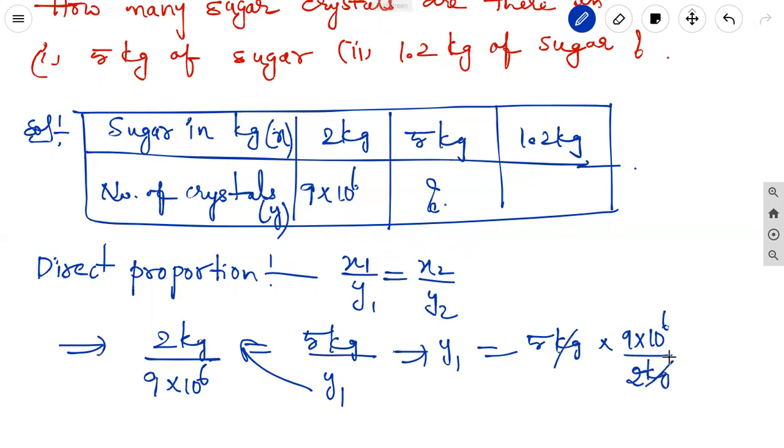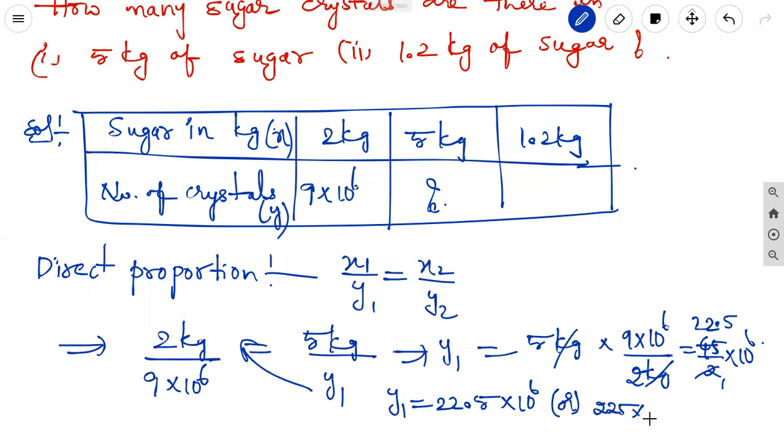Kgs cancel. Here, 9 5s are 45 by 2 into 10 power 6. 2 2s are 4, 2 2s are 0.5. So y1 equal to 22.5 into 10 power 6 or 225 into 10 power 5 crystals. Or we can write it as 22.5. This is the first case.